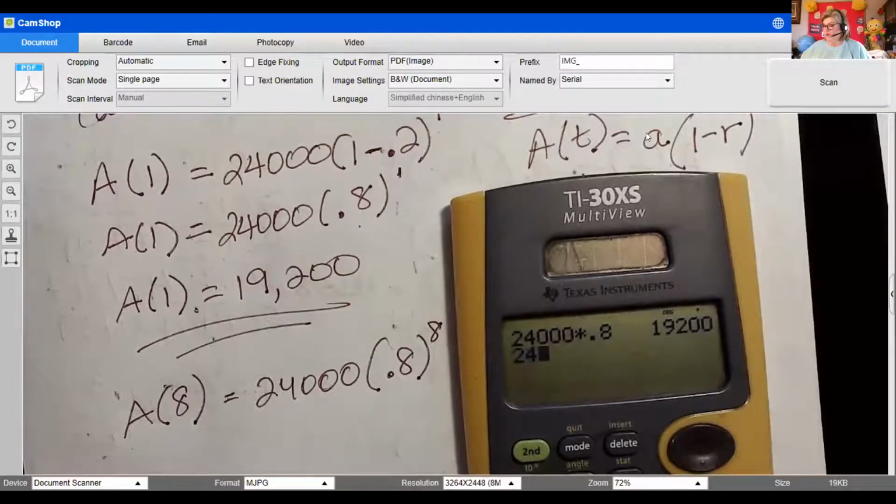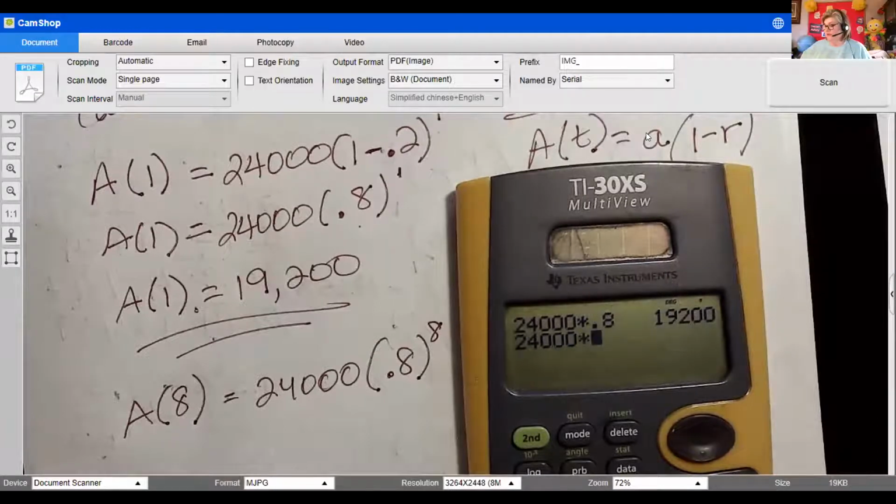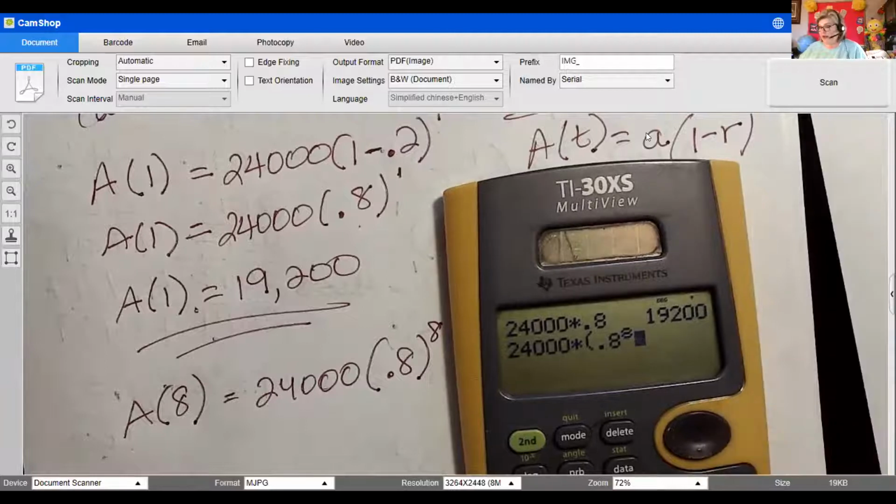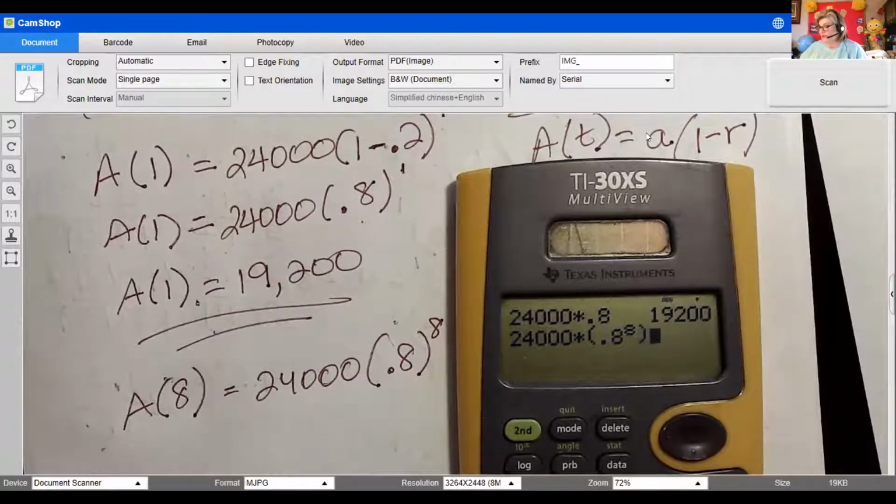So we have 24,000 times, open parentheses once again. Remember to use your parentheses because that way you're making sure the calculator knows exactly what you're trying to calculate. 0.8 raised to the 8, arrow over to get out of that exponent, close parentheses.